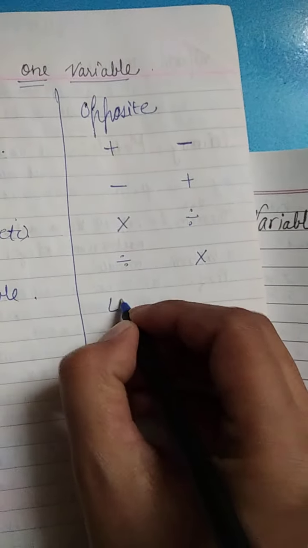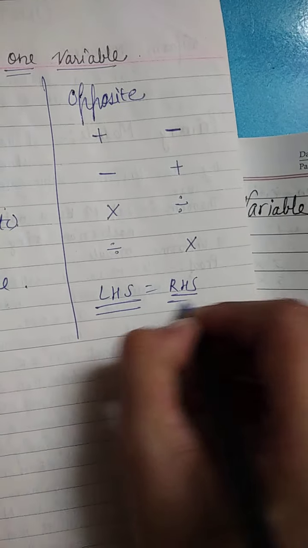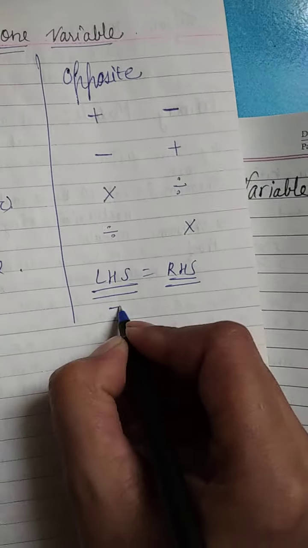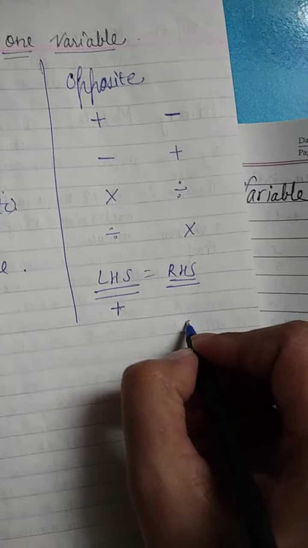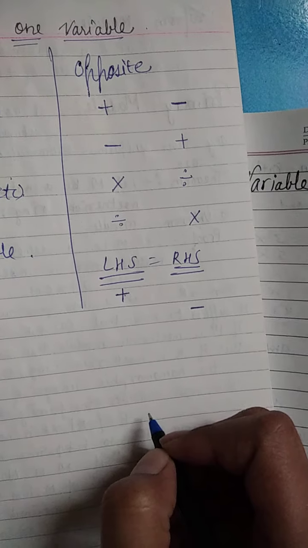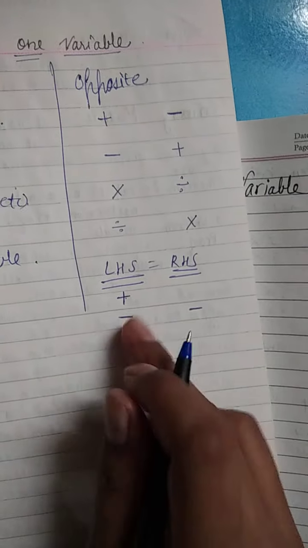Before, when we are moving anything from LHS to RHS, if any number is here in plus, it will go to the RHS with a subtraction symbol. If any number is here as a subtraction, it will go as a plus.